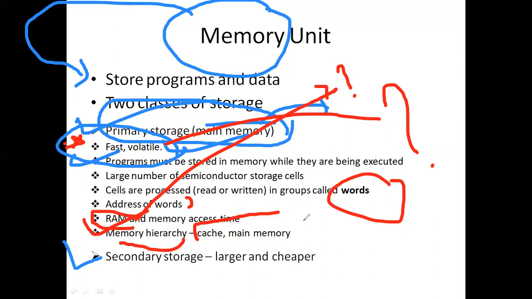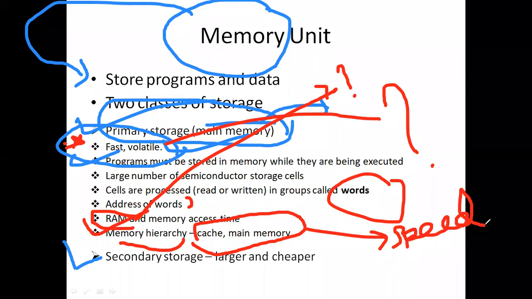Well, now memory hierarchy. We have written here cache first and then main memory. Why am I writing like this? In this memory hierarchy, we wrote cache first and then main memory. Why so? Any guess? Sir, cache is faster than the main memory like RAM, and cache is directly connected to the CPU.